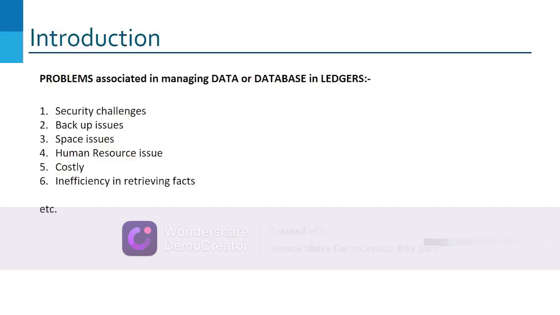If the next one is the ledger, they will again scroll through all of the 100 pages and they have to search your name. And it can happen that we have similar names like Ritvik many times in the ledger. So you have to find out which particular Ritvik you are, correct? So like that, it will take a lot of effort, a lot of time will be wasted in searching or retrieving the facts or data, correct? So these were all of the issues.